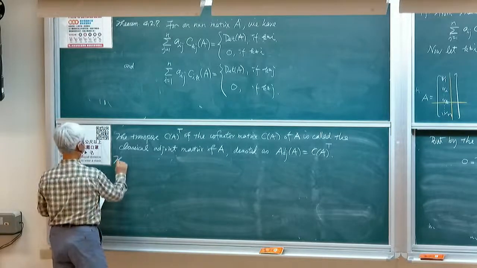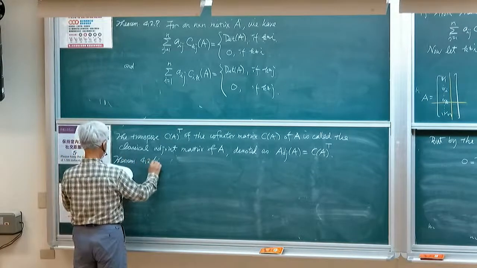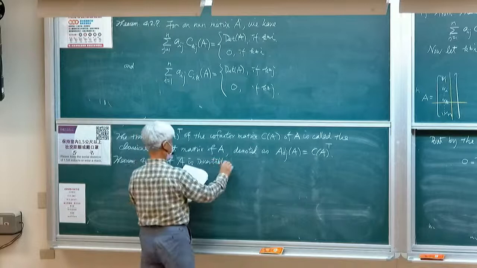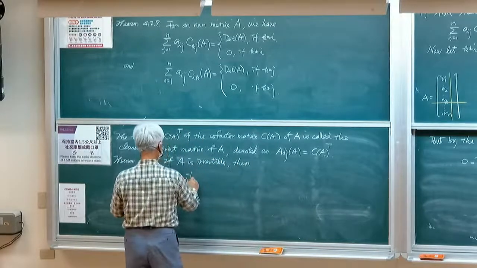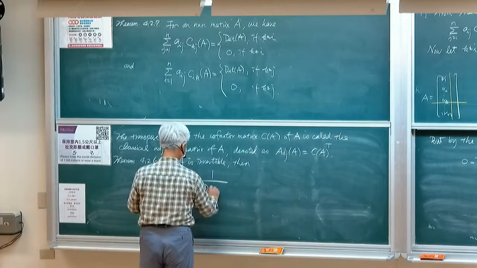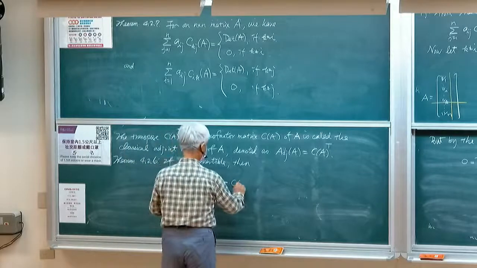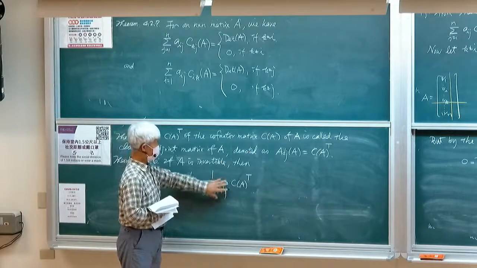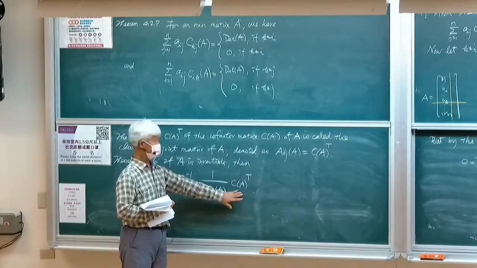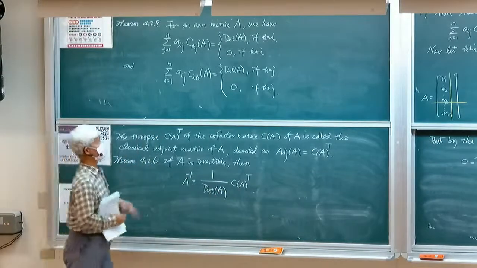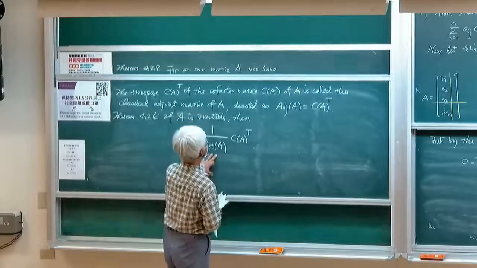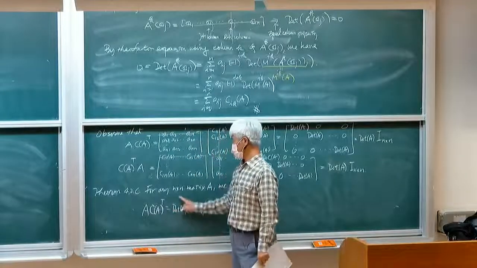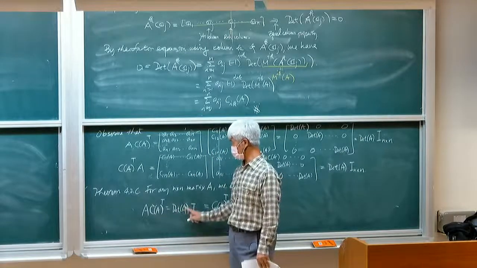And so with that, theorem 4.2.6: if A is invertible, then its inverse can be written concisely by the formula, that is, 1 over the determinant of A times the classical adjoint of A. That is the consequence of this result, because if A is invertible, it means that the determinant of A is non-zero.